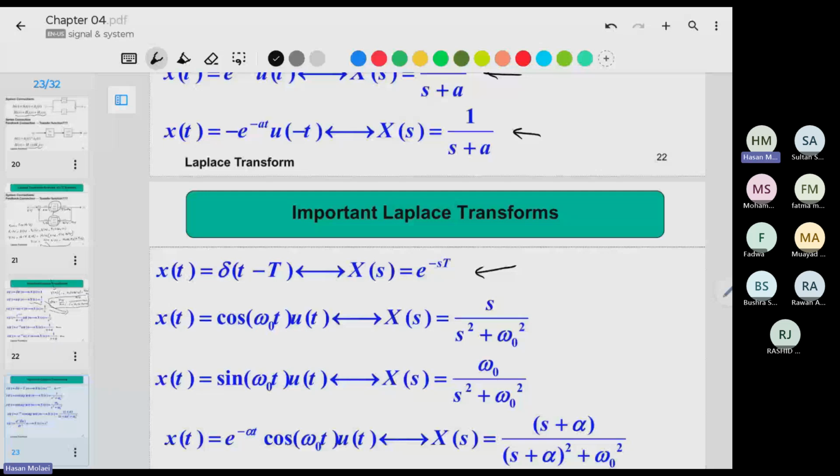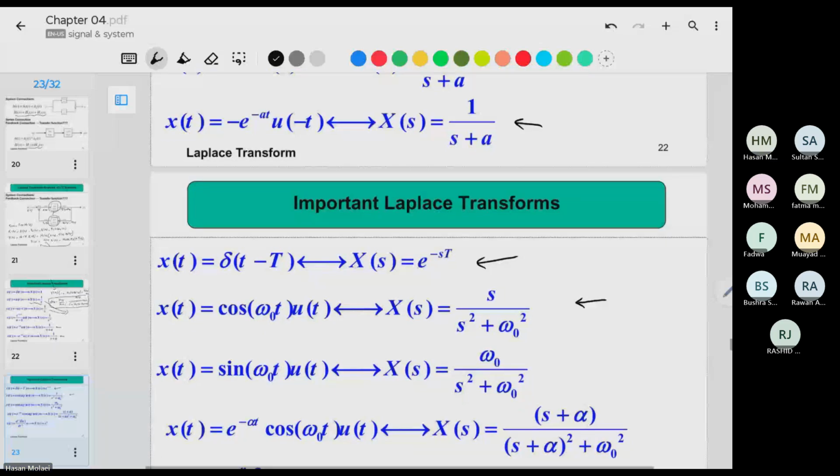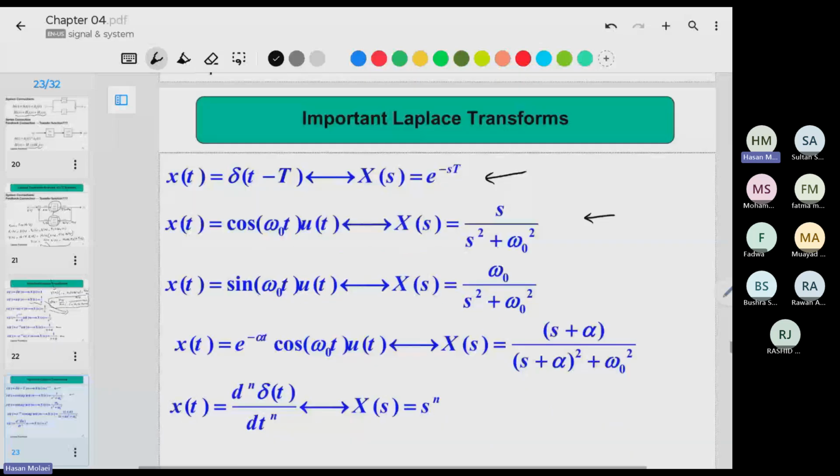From where to where? 0 to infinity. The root is at j omega, which means 0 to infinity. Same for the other one. And this one is just shifted, to minus alpha to infinity.